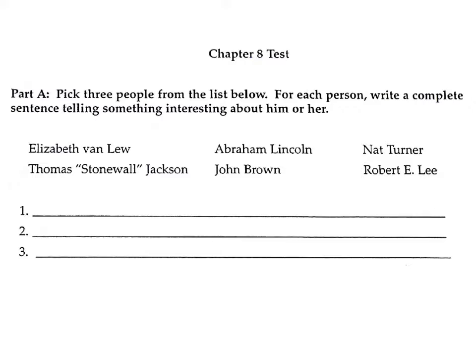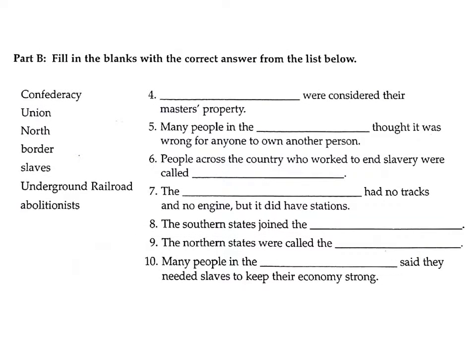In this case, they get to pick 3 people from the list and write a complete sentence telling something interesting about him or her. And this is not a very great assessment item for a couple of good reasons that are presented in the assessment guide.